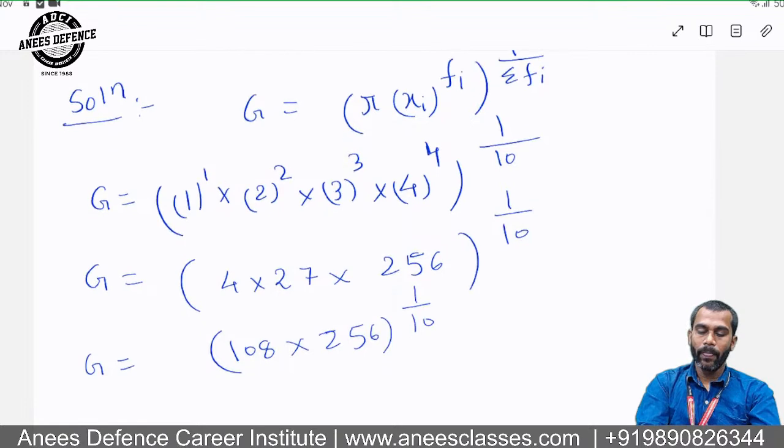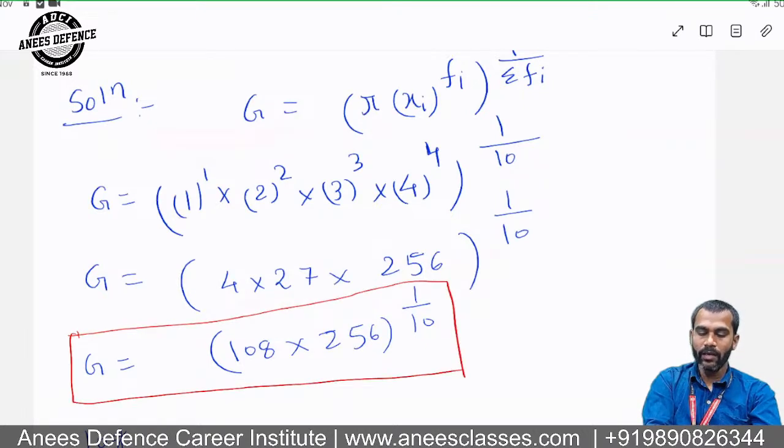See, the question can be something like this. I'm extending this question now. So G is something like this. We can further solve, right? 108 into 256. It's no big deal, right? We can just multiply and take power 1 by 10.